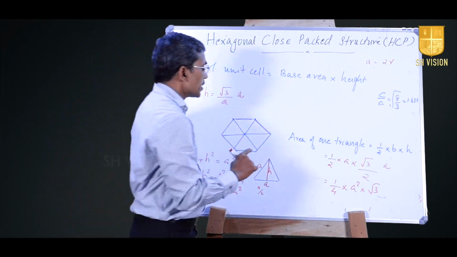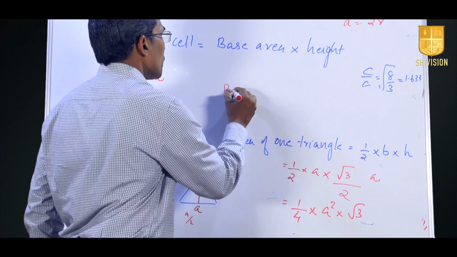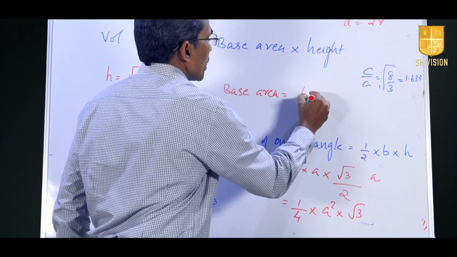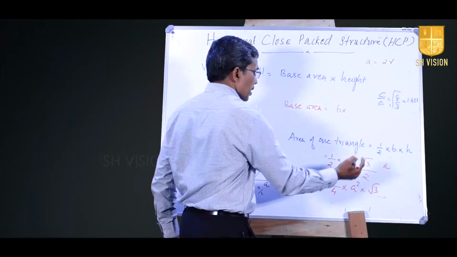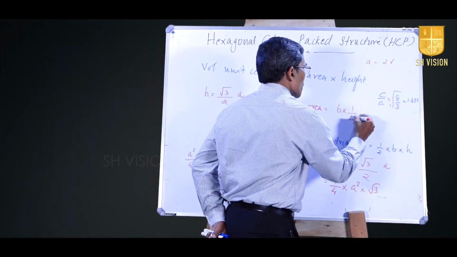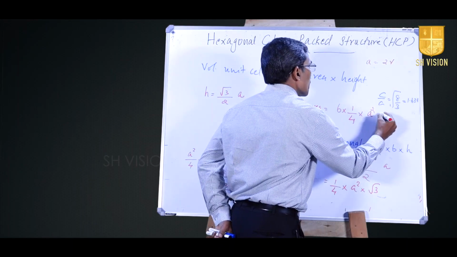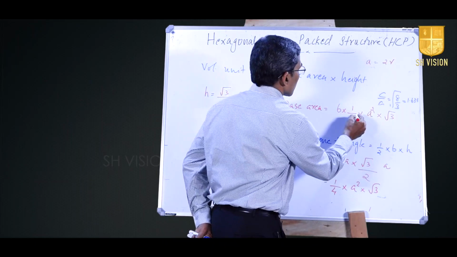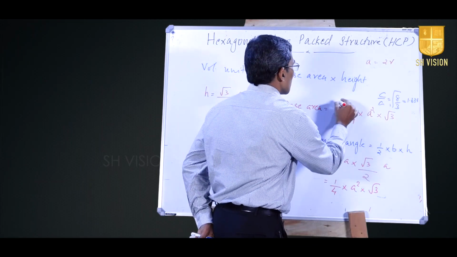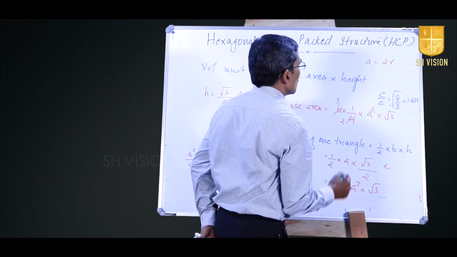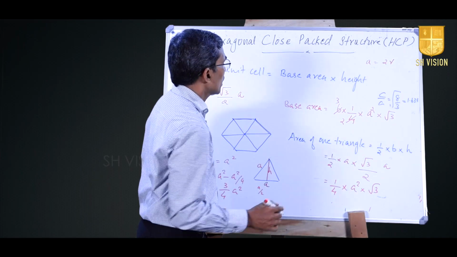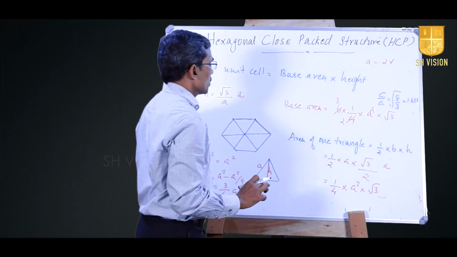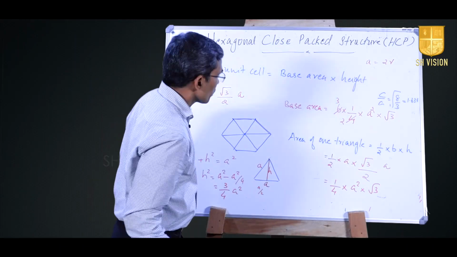Therefore, area of 6 triangles, the base area, is equal to 6 times this value, that is 6 into 1 by 4 into a square into root 3. So we can cancel, this is 2, this is 3. So the answer will be 3 root 3 a square by 2.